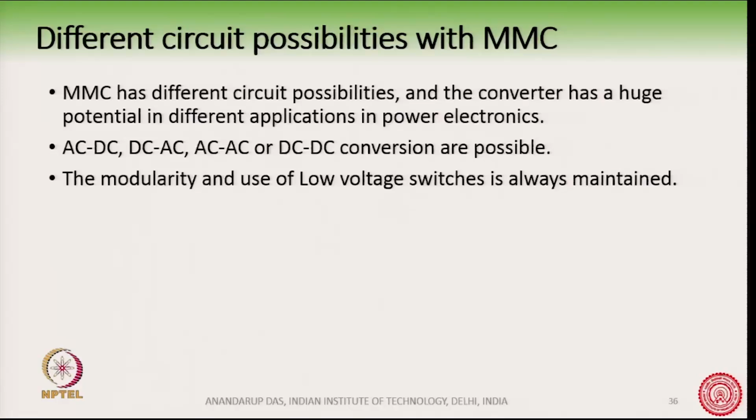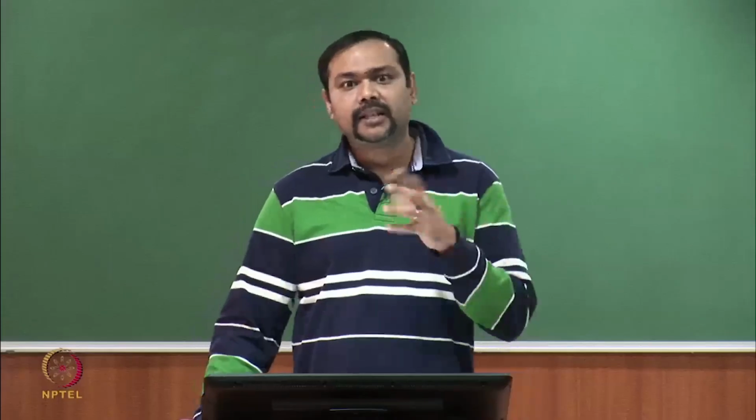And so, MMC has now been popular for high voltage DC transmission. So, you convert the AC into high voltage DC for HVDC transmission, and then at the inverter station you convert back the HVDC into AC.